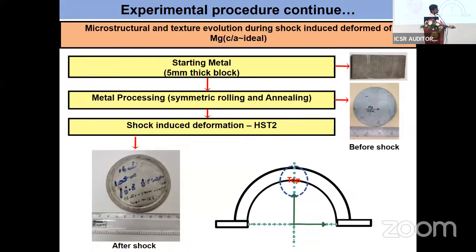I cut the sample along the rolling direction, and for all experiments I performed characterization at the top position of my sample, because I get maximum dislocation density and maximum strain at the top position.